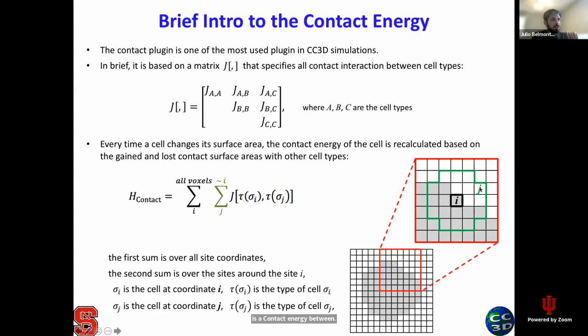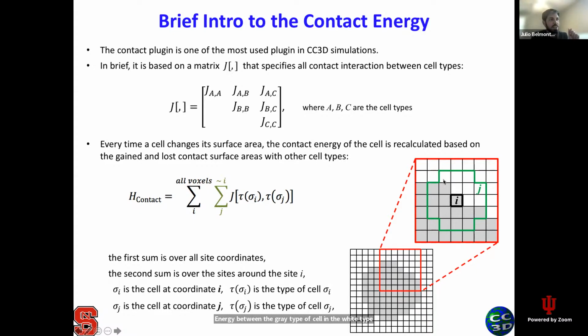And you look at the table, okay, so let's say this is cell A, and outside is cell B. So you look, okay, I have an interaction between cell A and cell B here, or the gray cell and the white cell, and then I put that energy here, and I sum it, and then I go to the next one here, sum, next one, sum. So I make a summation over this energy between the gray type of cell and the white type of cell. How many times? 1, 2, 3, 4, 5, 6, 7, 8 times.